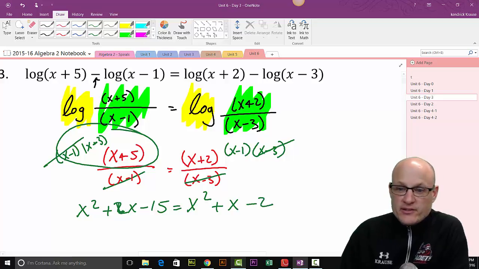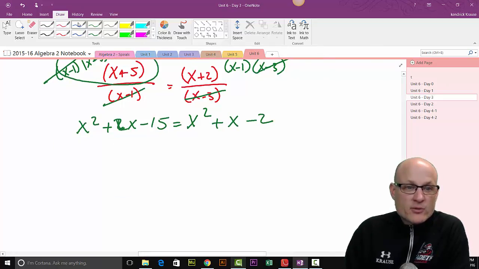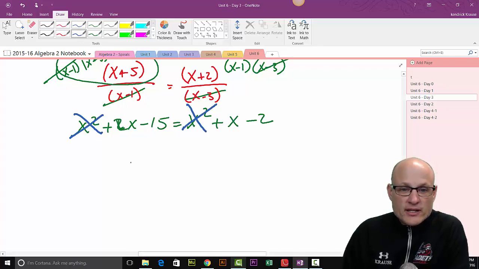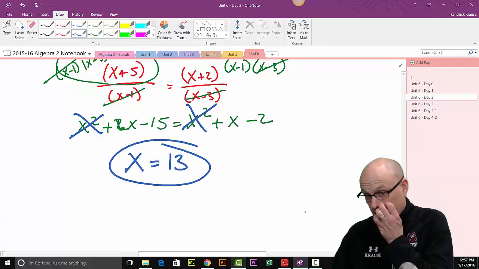Now, the easy thing about this one is, the x squareds cancel. So I get x equals 13. If you solve it, you get x equals 13.